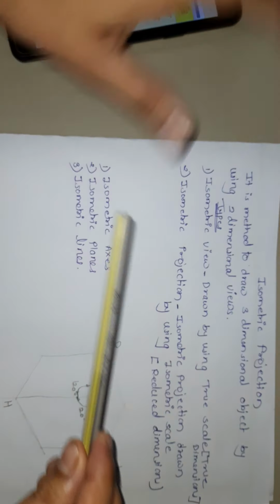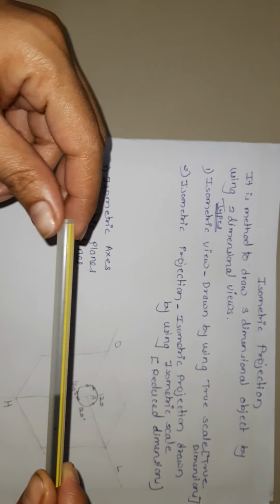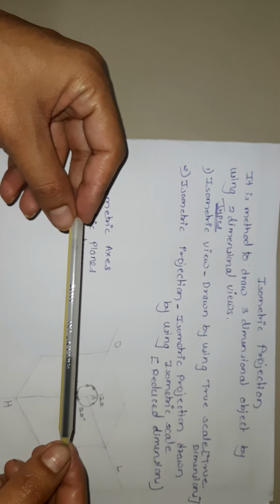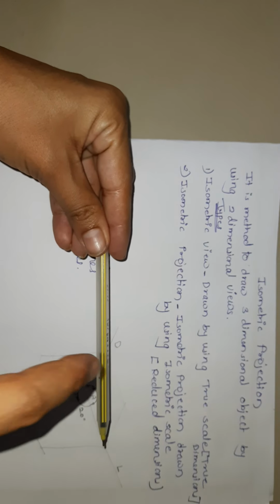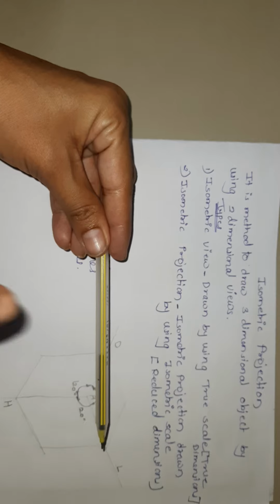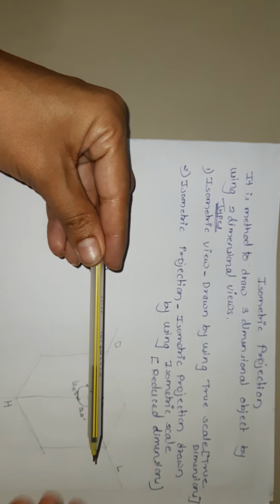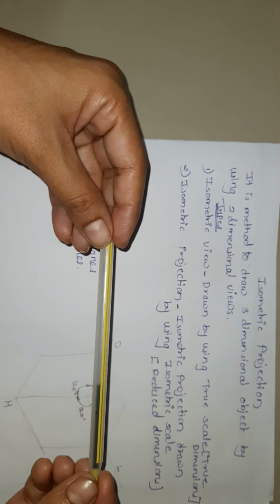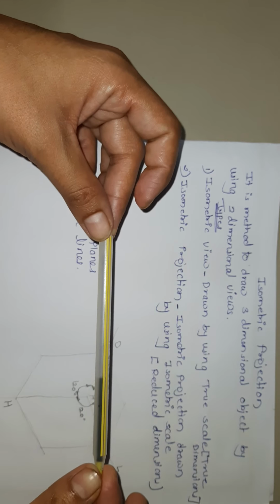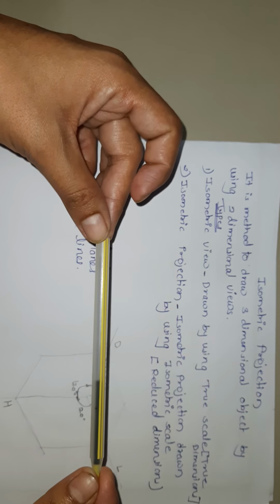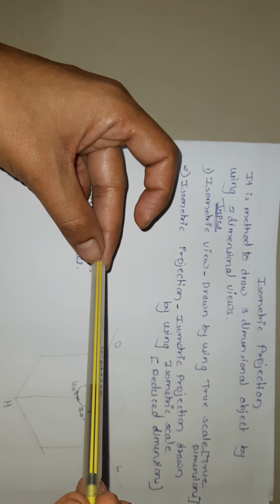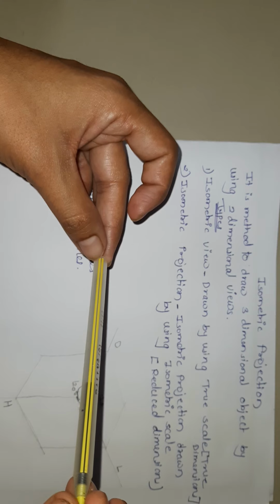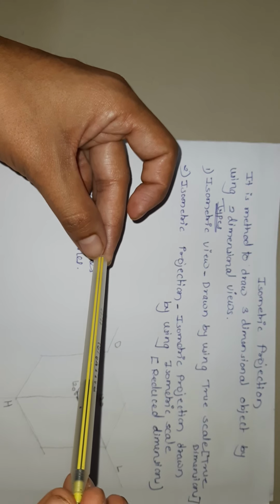For example, you can see here, this is a pen. Now from this side, this is your eyesight. You're looking from this side, and this is not inclined to your eyesight, so you can observe its true length or true dimension. But if I incline it like this to your eyesight, then it appears at a reduced dimension, right?